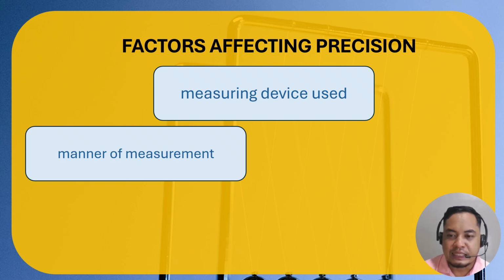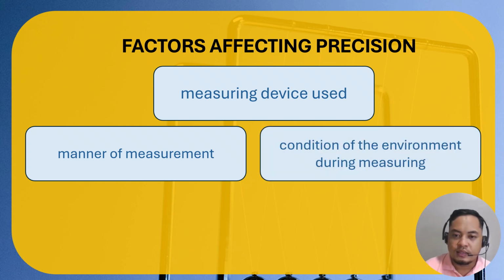So that will also affect precision. That kind of instance is very common, especially if the time is very limited and you're pressured by the time, so you quickly measure the length of that object, and the position of that measuring tool is inappropriate, plus the angle upon observing.